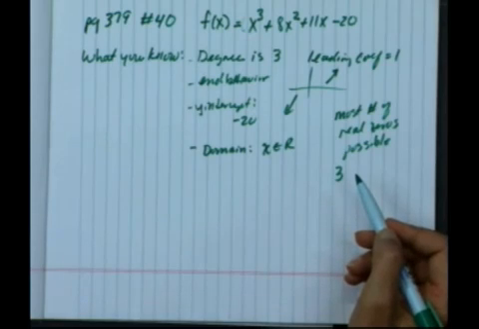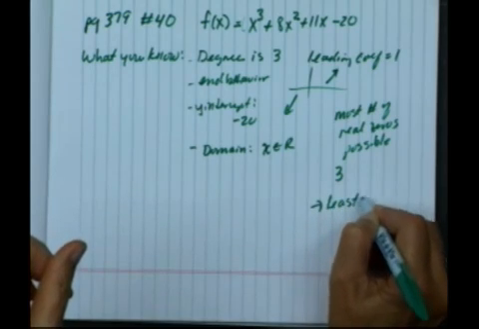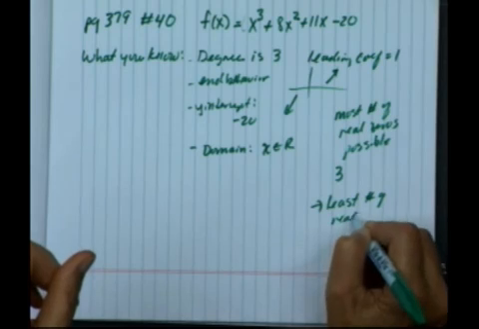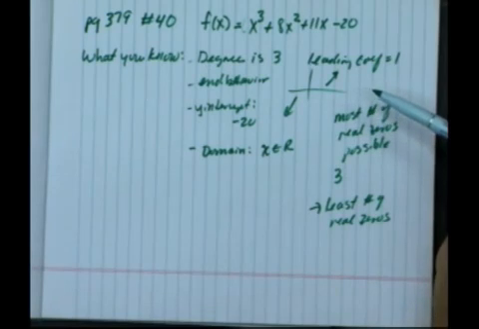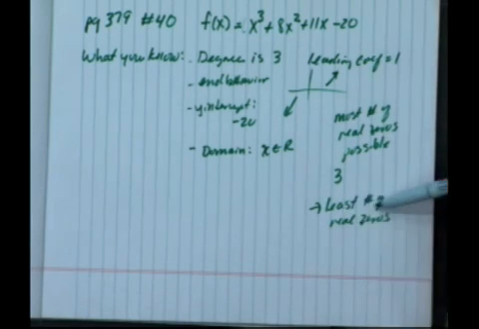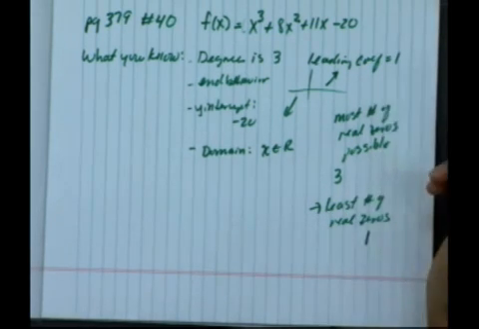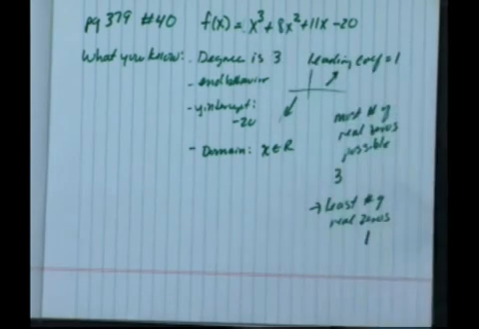What's the least number? 1, because it has to cross the x-axis in a spot. Right. So it's an odd degree. You could have 3 real zeros, 2 real zeros, or 1 real zero. You can't have none because it's got to cross through the x-axis.